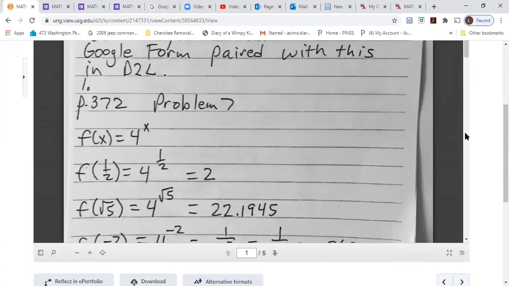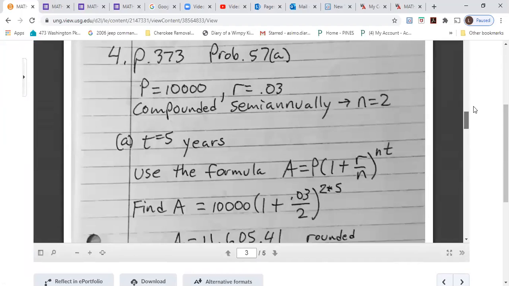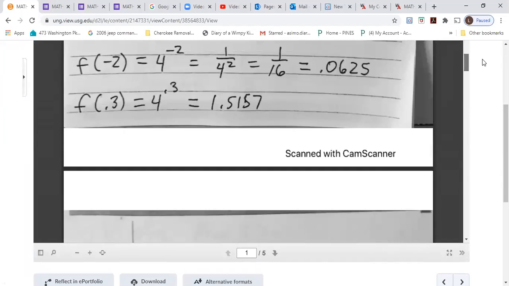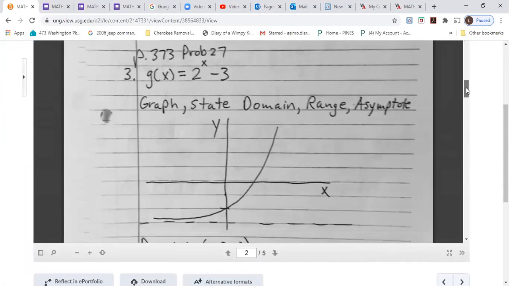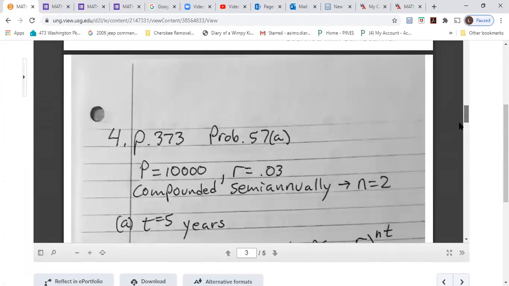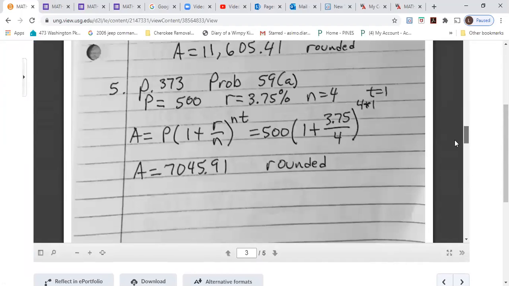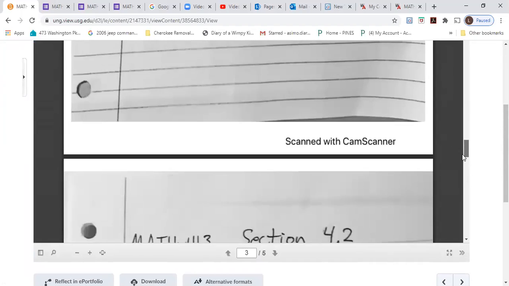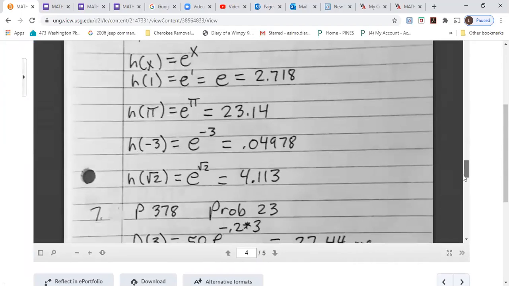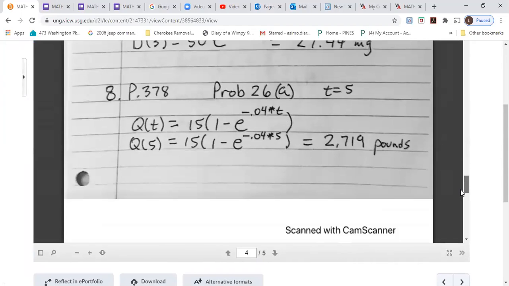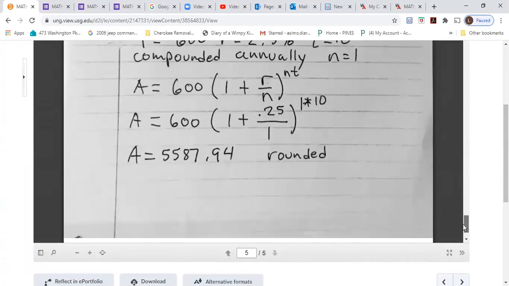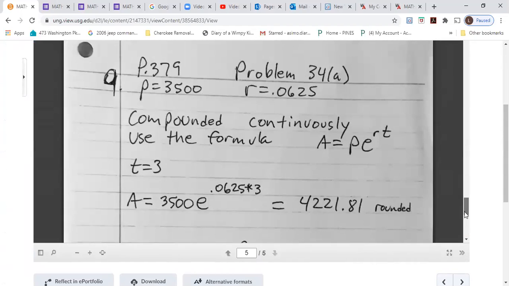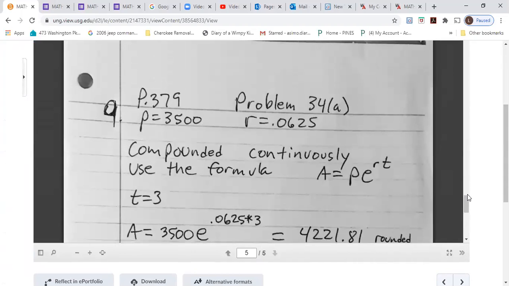But I worked some correct and some incorrect. So the idea is to look over this, and basically you can grade me. You can decide, did I do it right or did I do it wrong? There's 10 problems, 5 from each section. I give you the page number and the problem number.